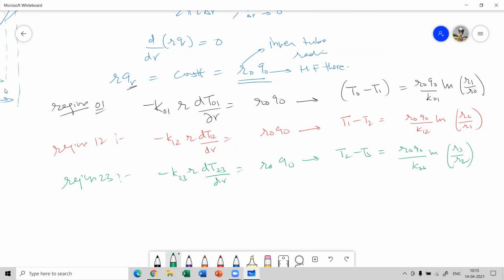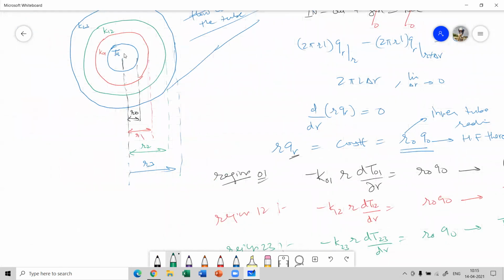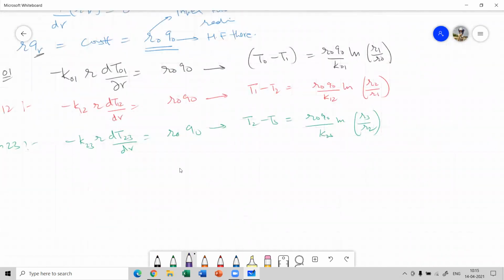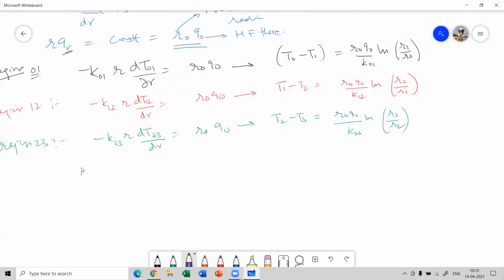Also, at the surfaces, at the inner surface the fluid is entering, and at the outer surface the fluid is entering. So at the fluid-solid interface at the inner tube, we have Newton's law of cooling: Ta minus T0, that is the ambient fluid, is q0 by h0.